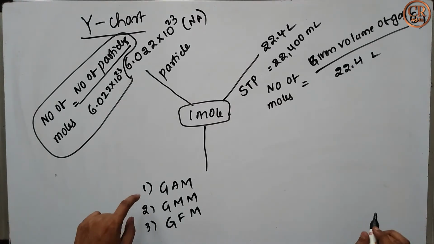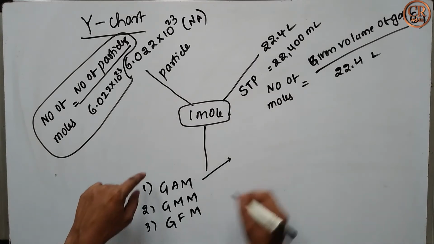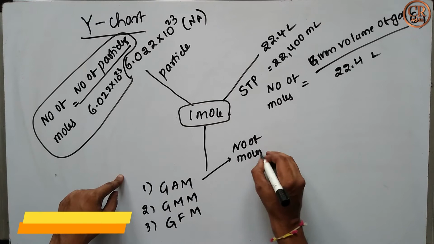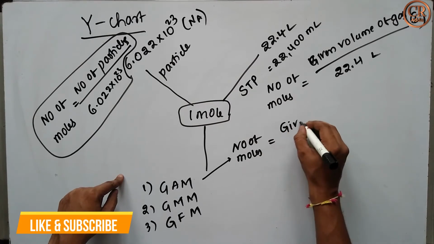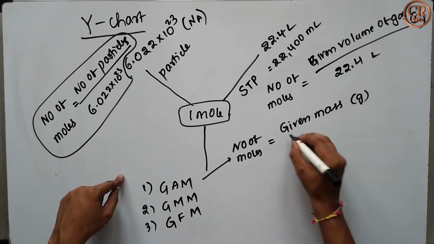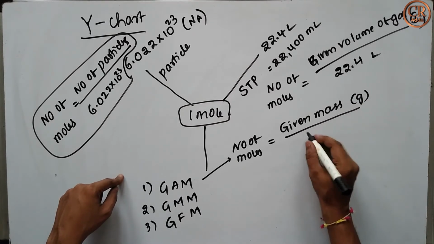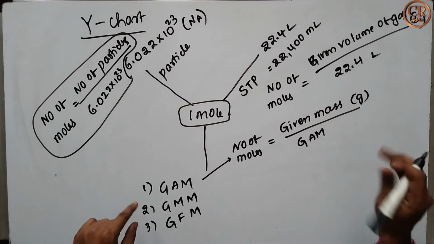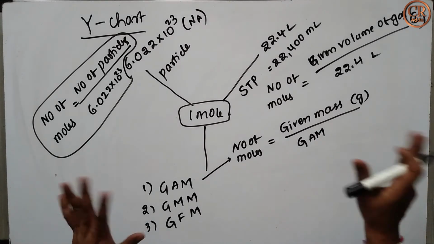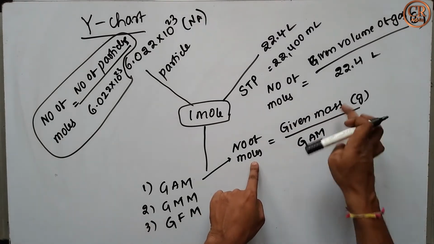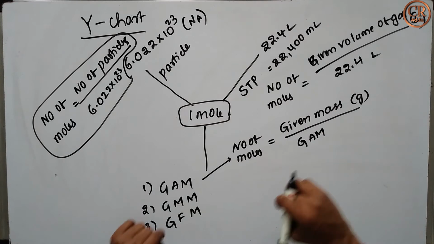Now if you take in terms of mass, see here number of moles is equal to given mass in grams by gram atomic mass. Remember here, number of moles 1, then given mass equal to gram atomic mass.